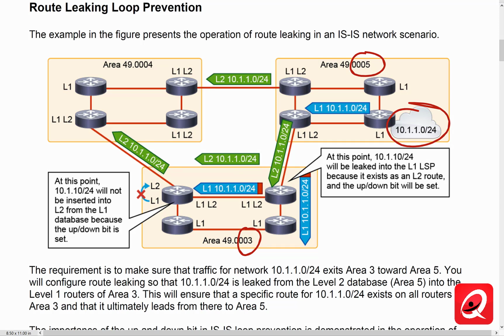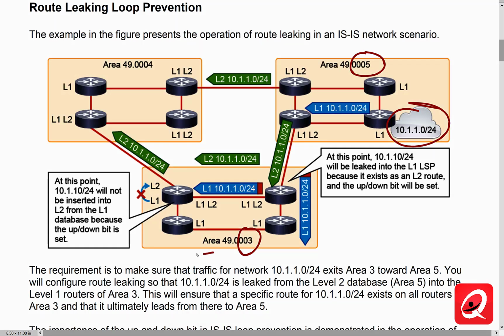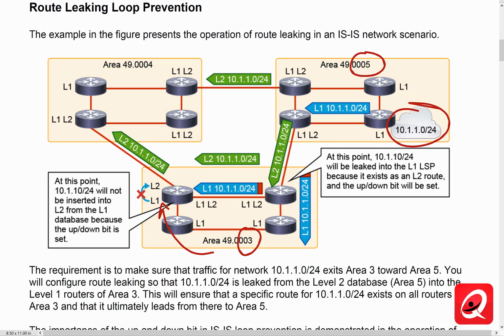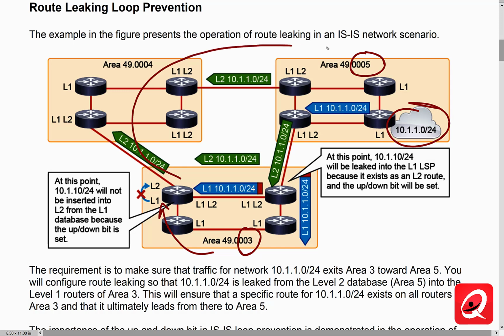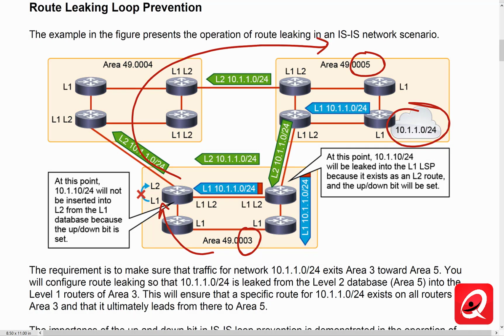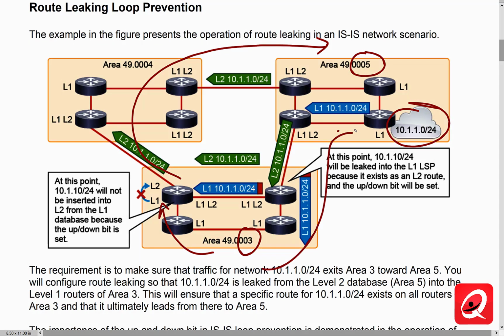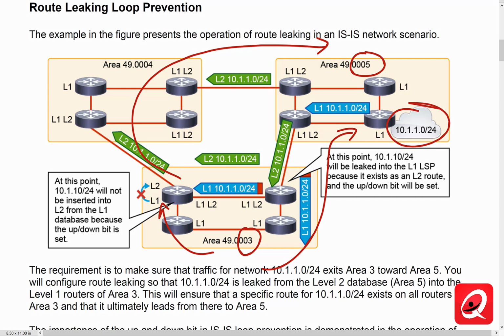So obviously in area 3, I really wouldn't want these routers going to this L2 router to reach that destination. It's not an optimal path. I want to make sure that we're going to use this path to reach that particular destination. So we would leak out that route from the L1, L2 router in area 5 over to area 3.